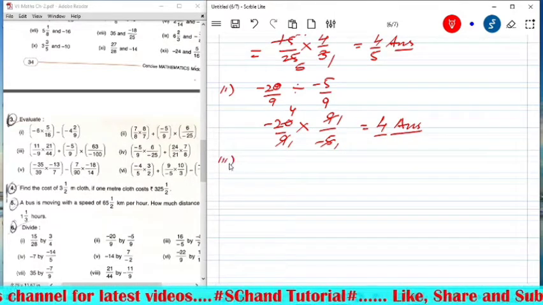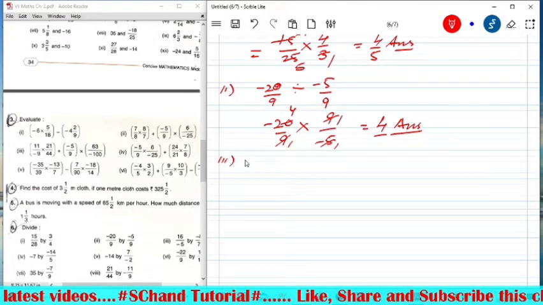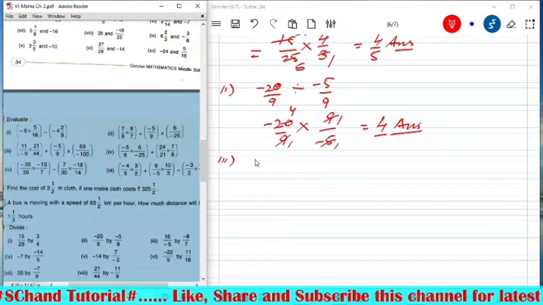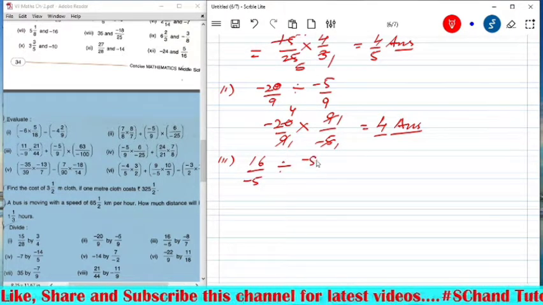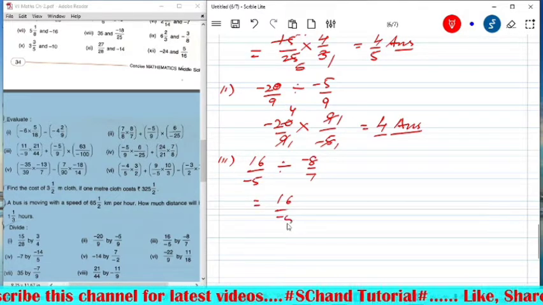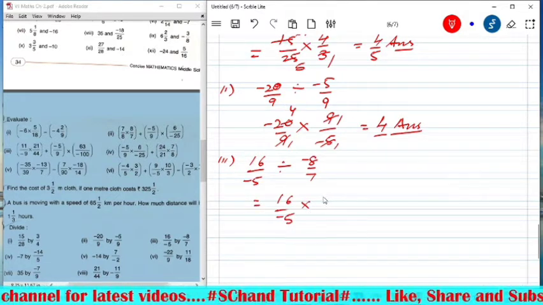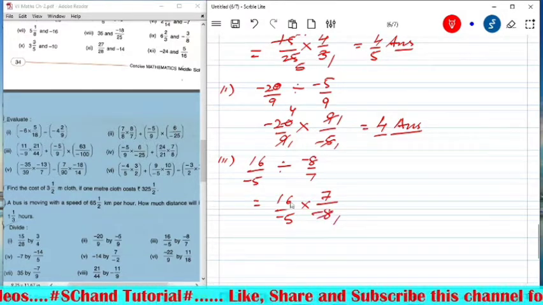Then we have the third part: 16 over minus 5 divided by minus 8 over 7. So this is 16 over minus 5 multiplied by 7 over minus 8. 8 ones are 8, 8 twos are 16.